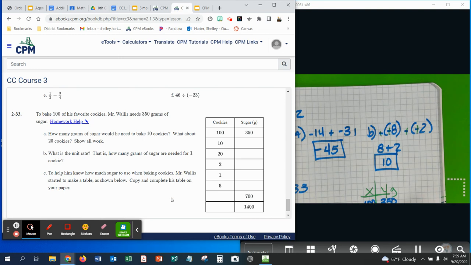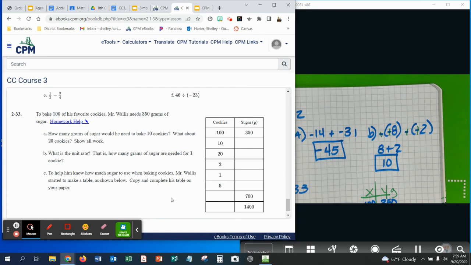And then for 20, it looks like we're going to double it. And then we really want to get it to the unit rate of 1. And the unit rate of 1 is going to be 3.5 grams per 1. And then you can deal with it. So this is probably 7.0.